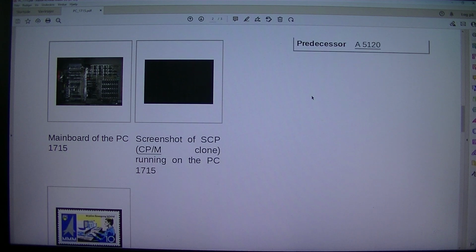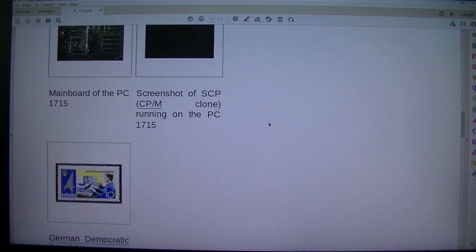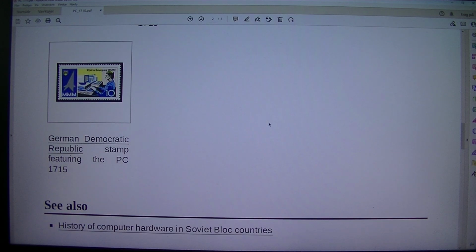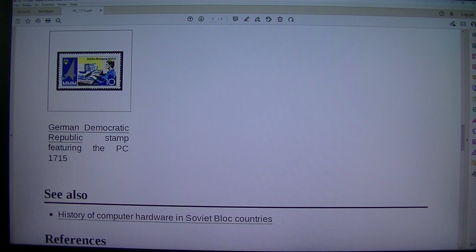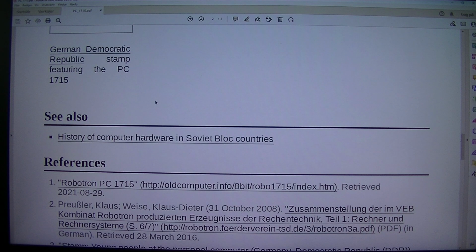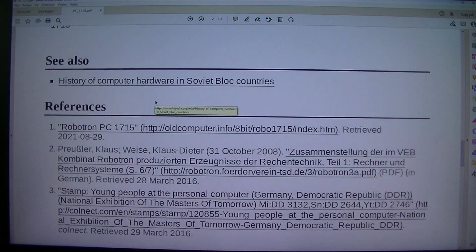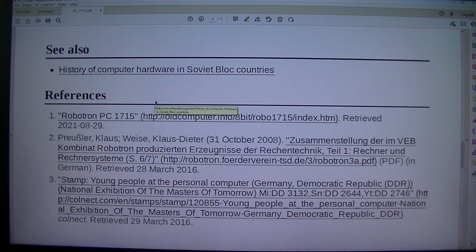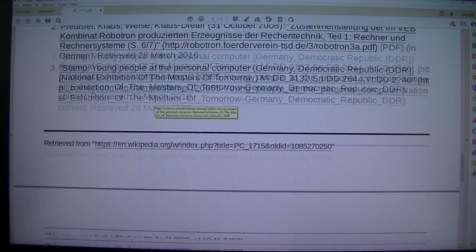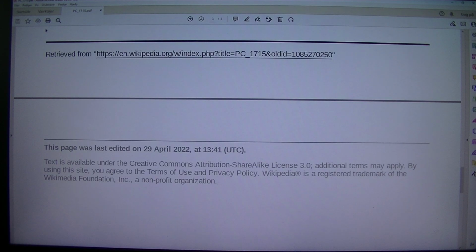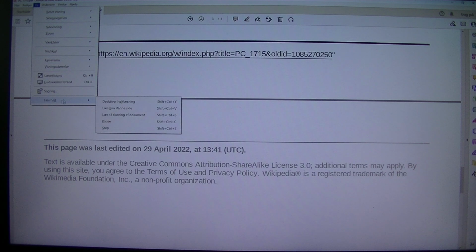Screenshot of CP/M clone running on the PC-1715. German Democratic Republic stamp featuring the PC-1715. See also: History of computer hardware in Soviet bloc countries. References: 1 Robotron PC-1715. Yes, we will not read this.